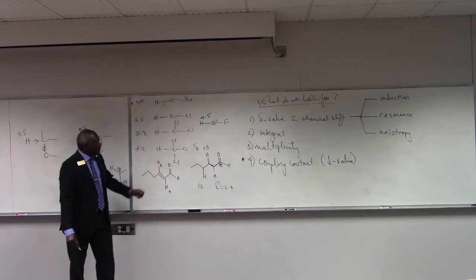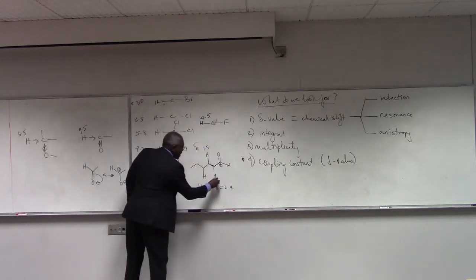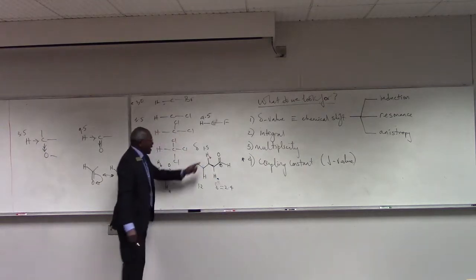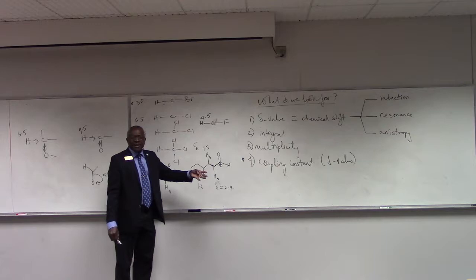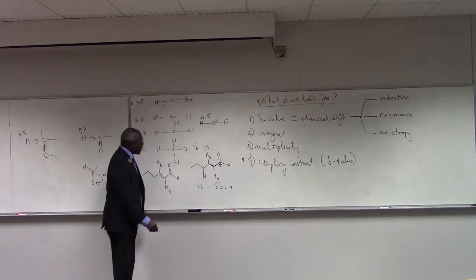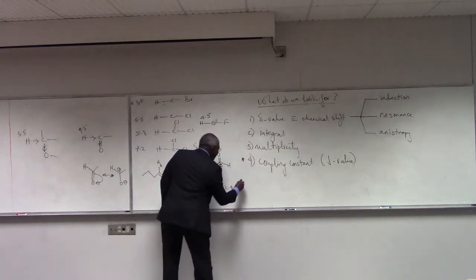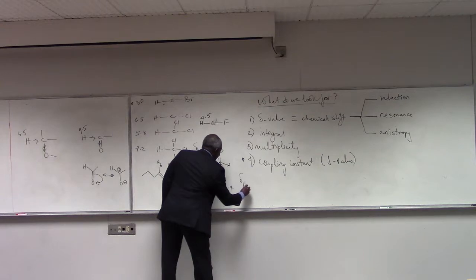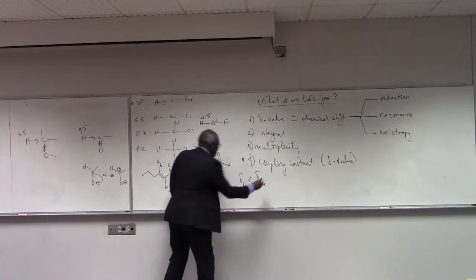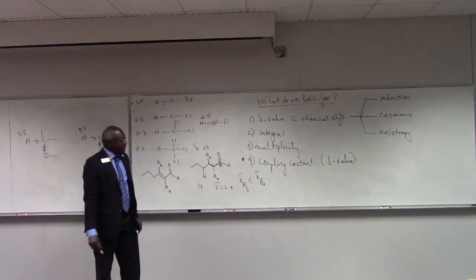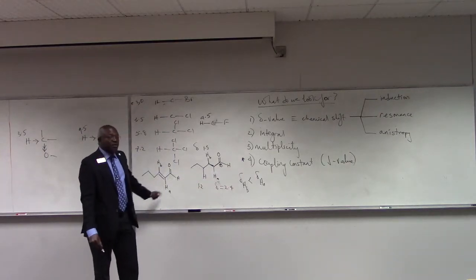Because after all, if I call this HA here and HB here, HB in this one is further removed from the carbonyl. The inductive effect is less. So what I see in this case is the delta of HB is less than the delta of HA. And that makes perfect sense. That's an inductive effect.